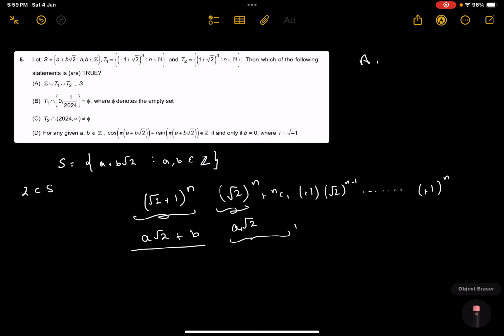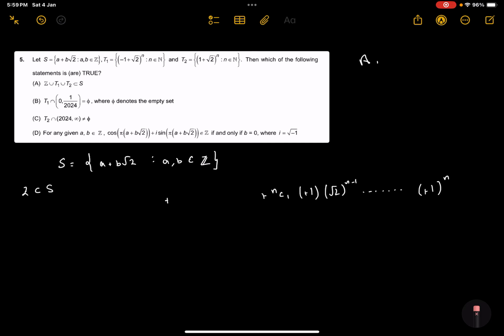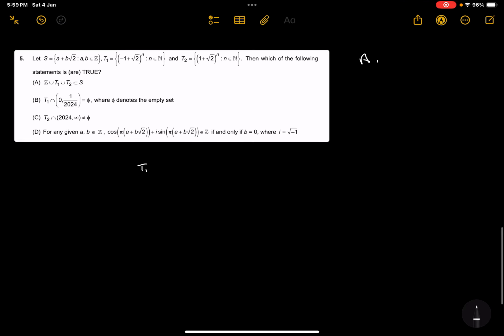Now option B. To analyze option B and C, in fact, we'll first make a little observation. Root 2 minus 1 is less than 1 and root 2 plus 1 is greater than 1.